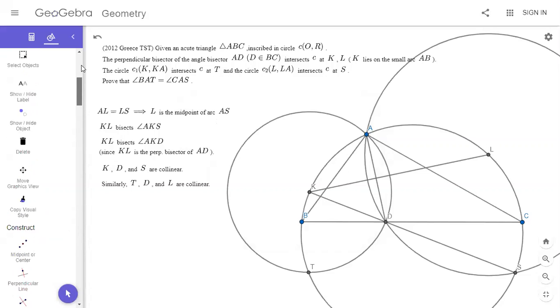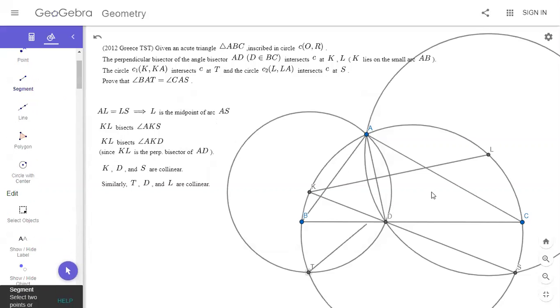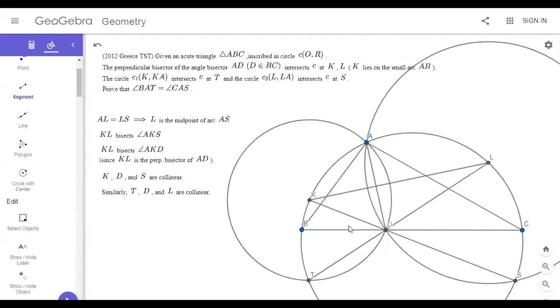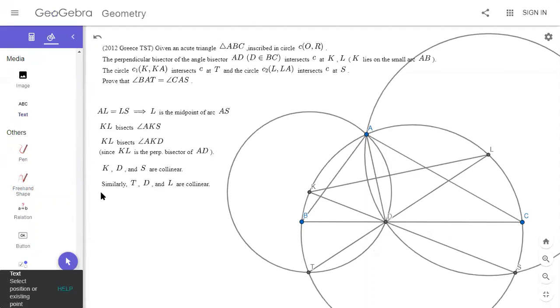All right. And once we know that, basically that means the triangles KDP and LDC have to be similar because they're both isosceles.